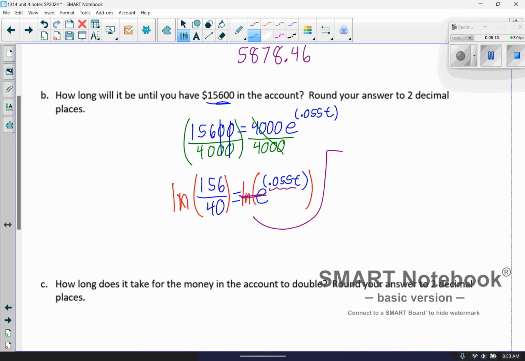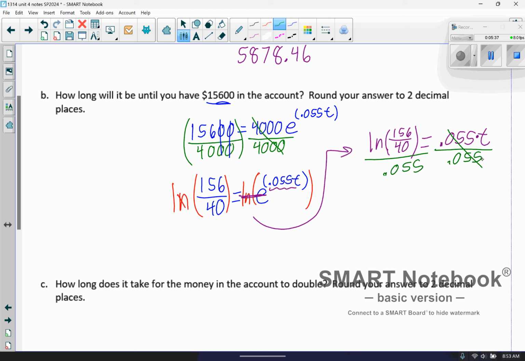So now I'm going to come over here where I have a little bit more room. I'm going to have the natural log of 156 divided by 40 is equal to 0.055 times t right there. And then now we'll go ahead and divide by 0.055.